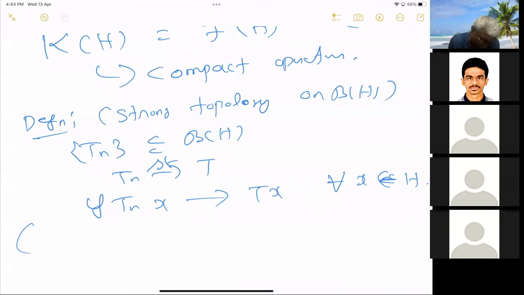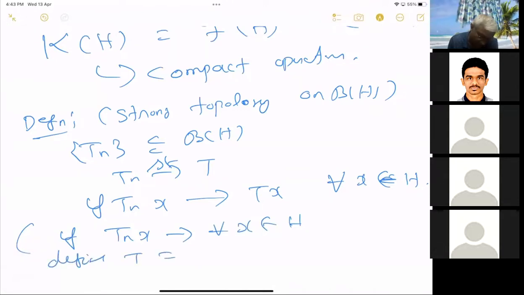So what I want to say is, if Tnx converges for all x in H, just converges, you can define Tx equal to the limit of Tnx.